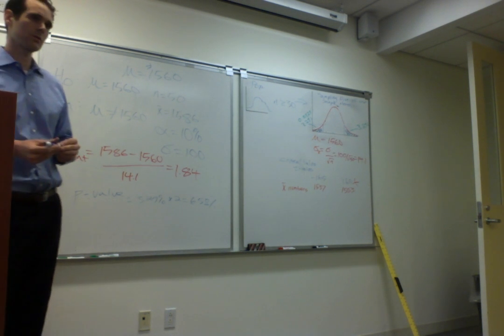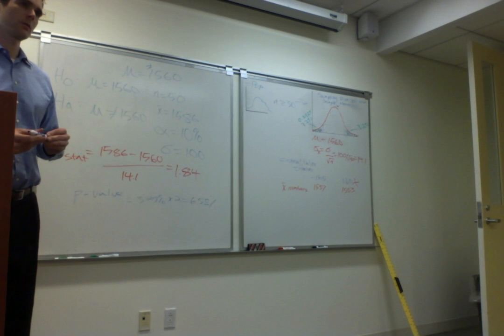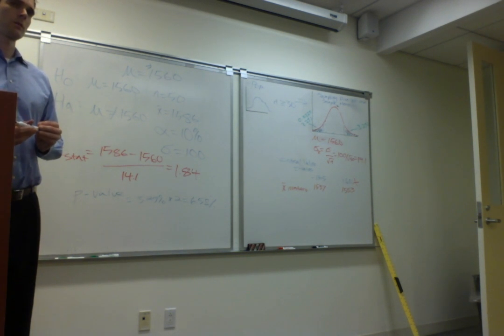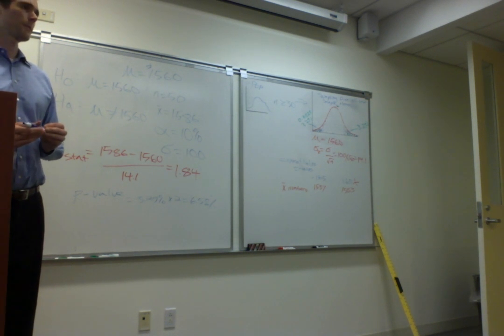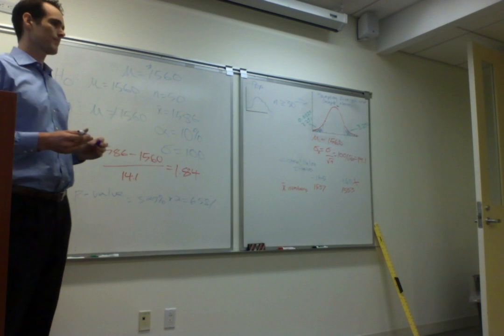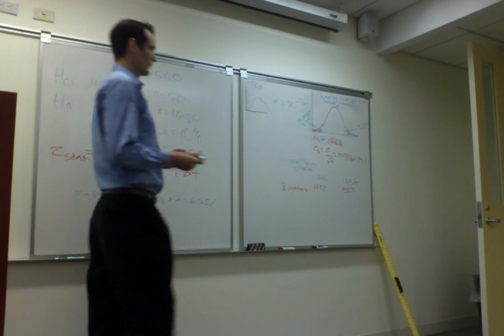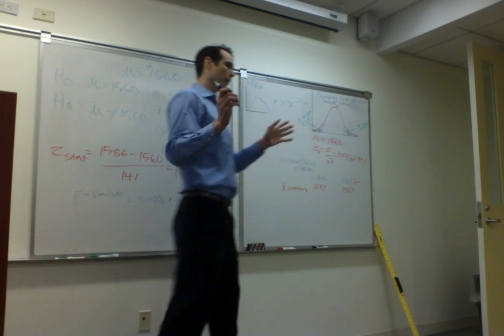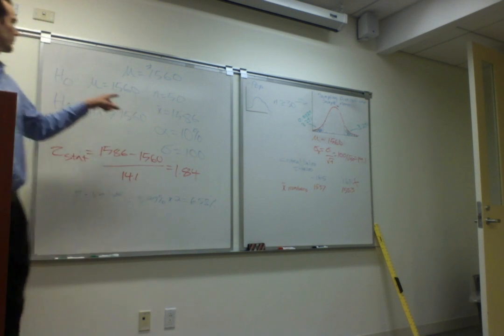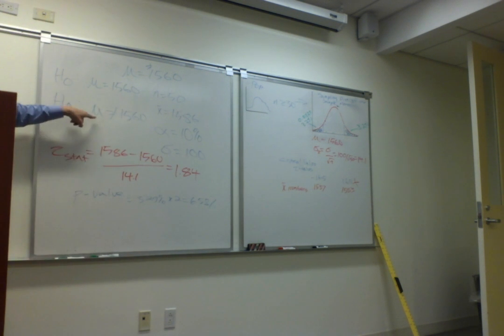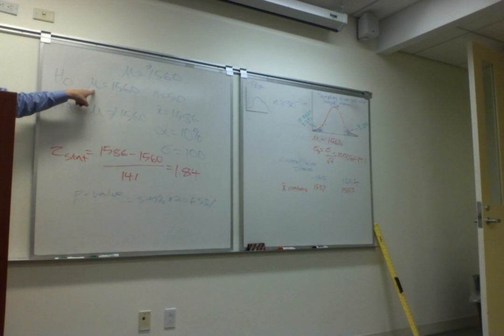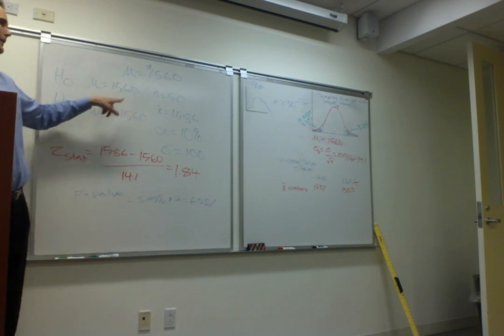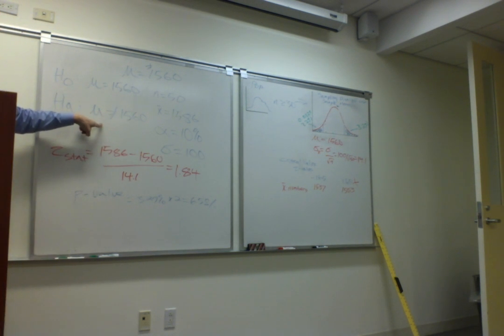Any questions? Yes. So the 3.29% is multiplied by 2 to represent both sides. Because we're going to look at this a little differently in a minute, but for now, the realtor says the mean is 1560, and we think there's a good chance that that's wrong.